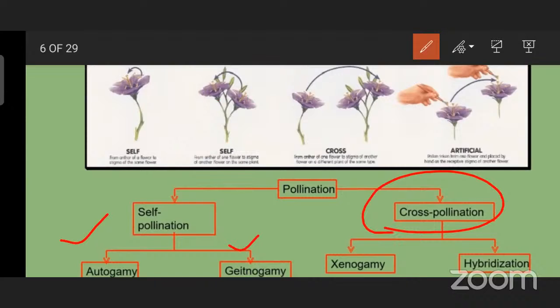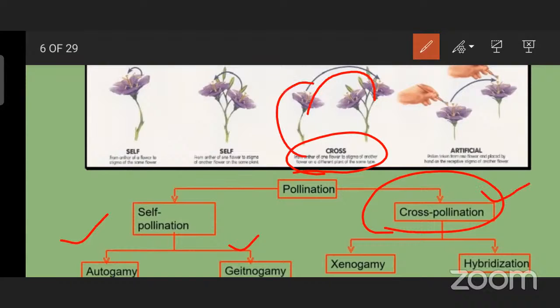And the next one, cross-pollination. What is cross-pollination? See here, this is cross-pollination. When the pollen grains of a flower of one plant are transferred to the stigma of a flower on another plant of the same or different species, it is called cross-pollination.